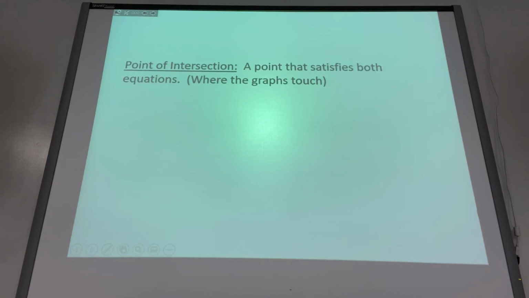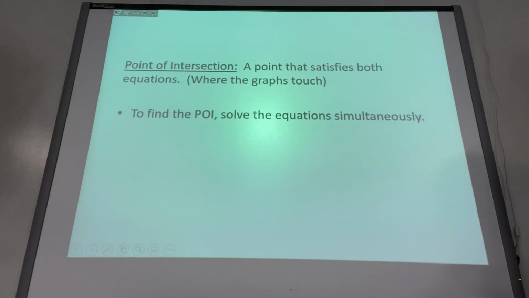Now, what we're going to do at the beginning of the lesson is we're going to be finding these points just algebraically, kind of by hand. Later on, we'll get to the graphs, but here's just kind of in general how you find, and I just kind of put POI there for point of intersection or points.